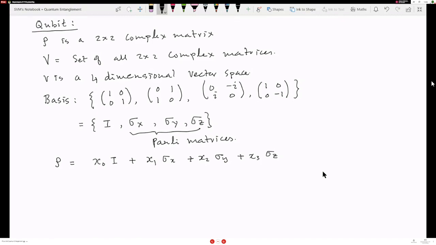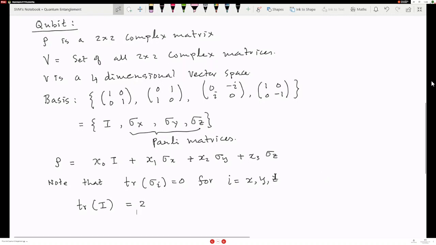Now note that the trace of sigma i is equal to 0 for i equal to x, y, z. All the sigma matrices are traceless, so the trace comes only from the identity, and the trace of the identity is equal to 2.